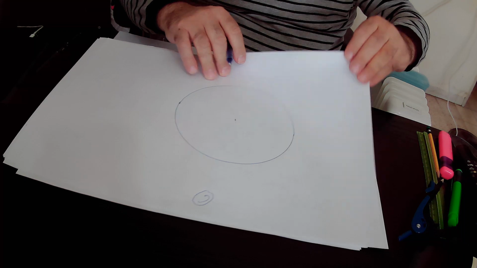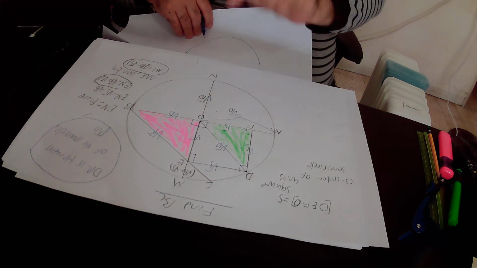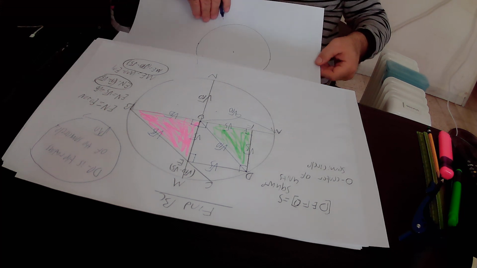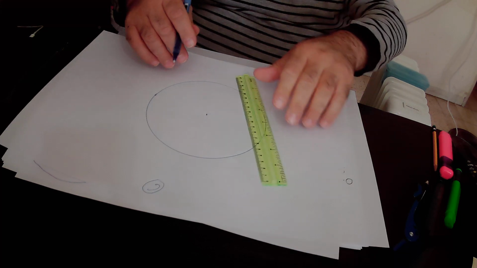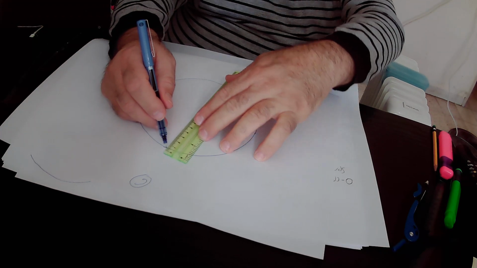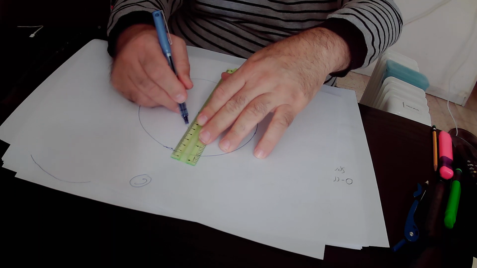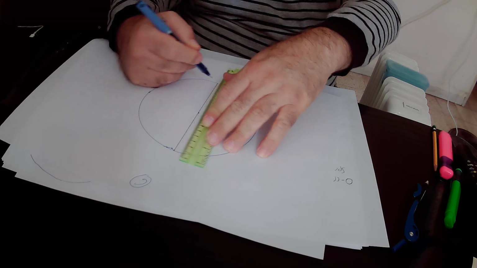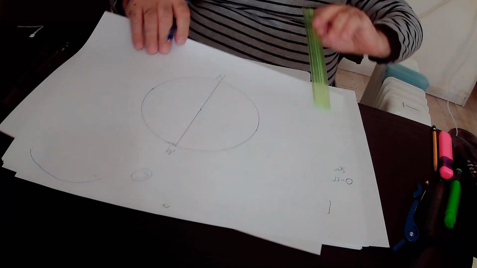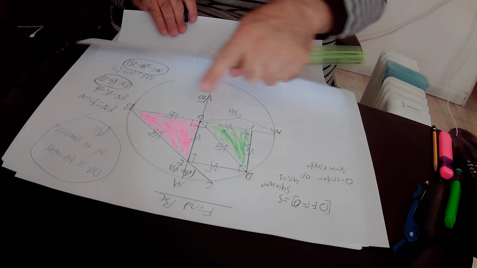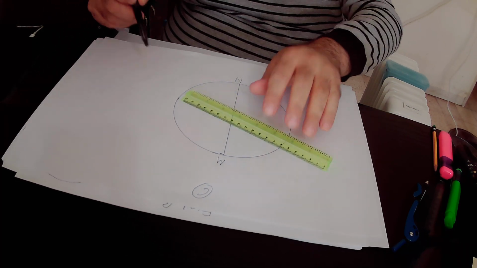You can see from the original drawing that chord MN passes through the center of the circle, that is to say from point O. So this is chord MN that intersects with chord CB. This is chord CB.